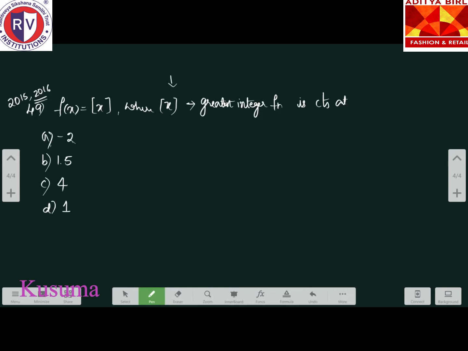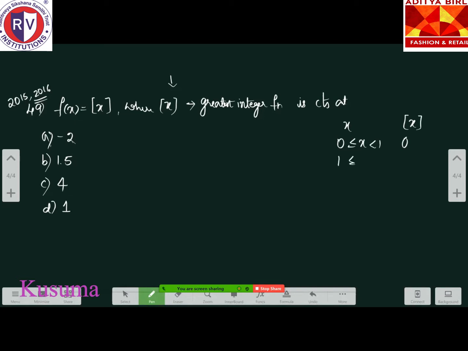Whenever x is between 0 and 1, the greatest integer function of x will be equal to 0.